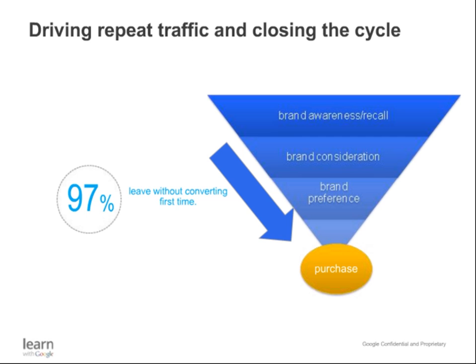So 97% of people won't actually do what you want them to do the first time they come to the site. That really raises the question: what are you doing to ensure that you keep speaking to them, keep reminding them to come back to the site, to actually convert and complete the purchase or the conversion cycle that you're really driving towards with any given campaign?